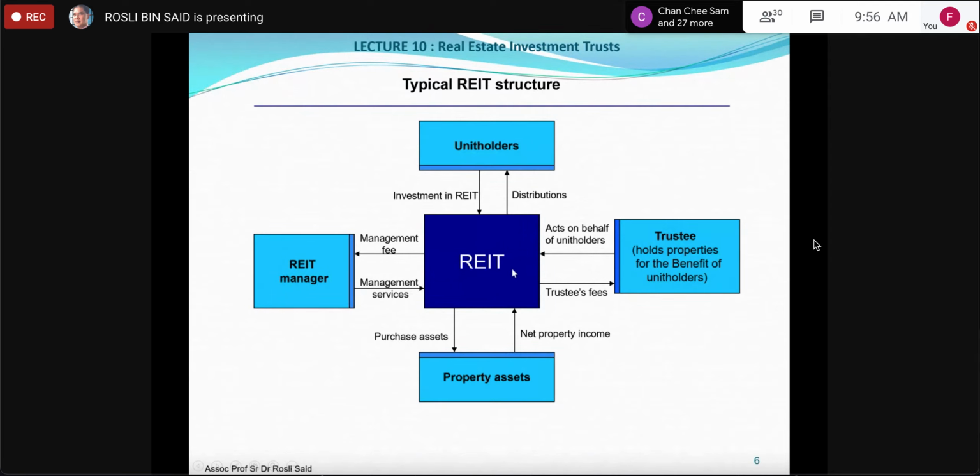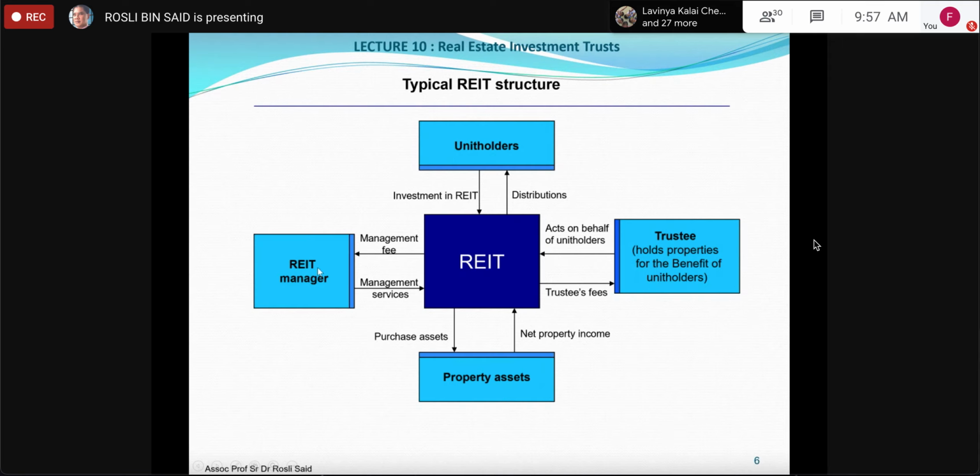That amount is supposed to be paid to the unit holders. Unit holders invest in REITs by purchasing units, and the income the REITs receive from the property asset will be distributed to unit holders every year. 90% will be distributed as dividend. So that's the relationship between unit holders and property asset.